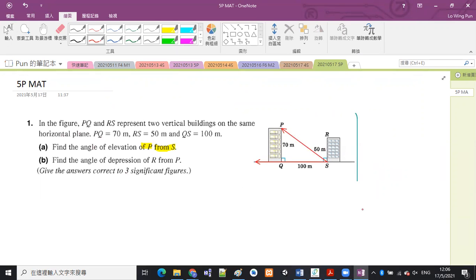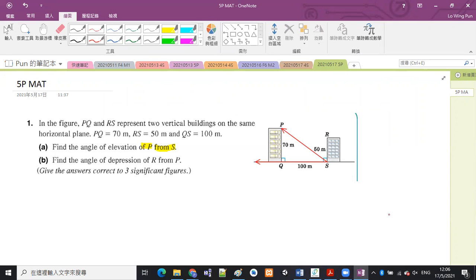Starting from the horizontal and then turning upwards until the eyesight can point towards the point I want to look at.